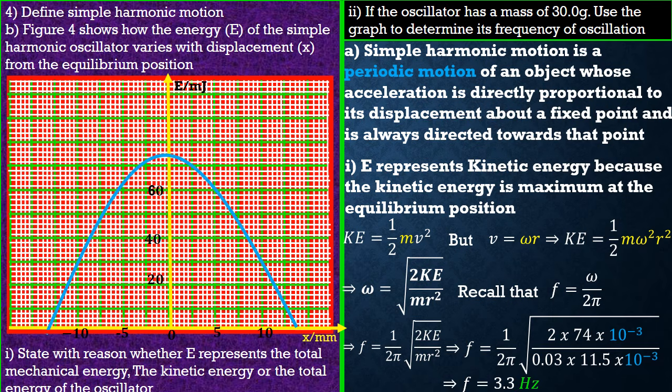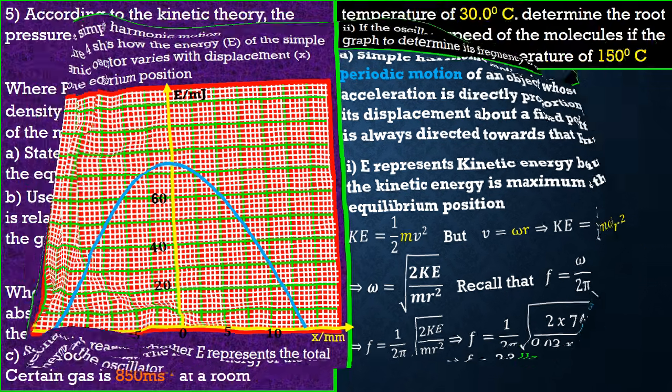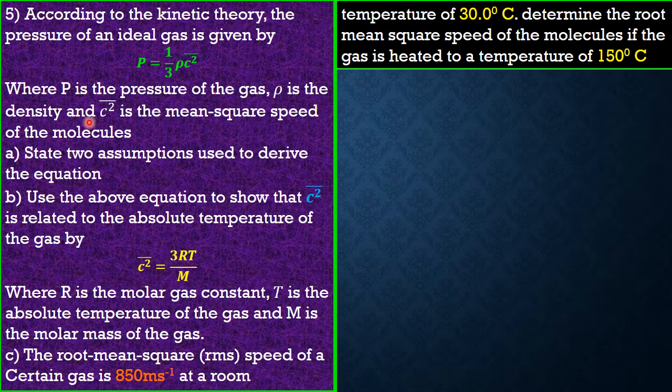Okay, let's go to question 5. Are you ready? Let's go. Question 5 reads: according to the kinetic theory, the pressure of an ideal gas is given by P equal to 1/3 rho C squared bar, where P is the pressure of the gas, rho is the density, and C squared bar is the mean square speed of the molecules.